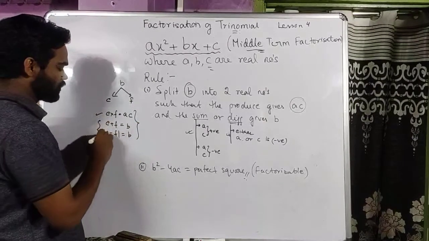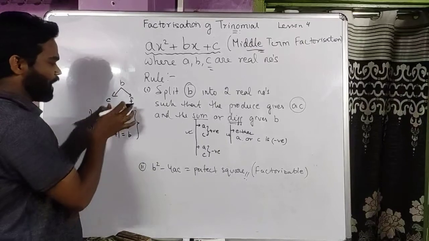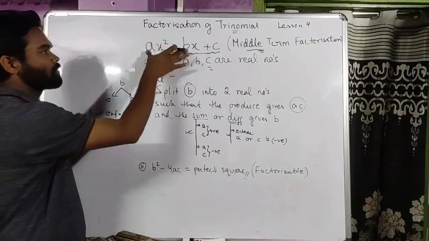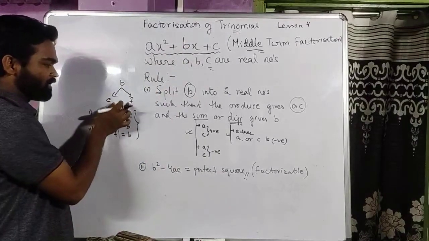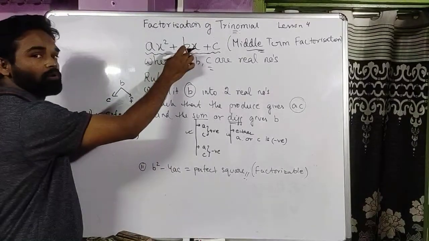These two things we need to remember: the product of these two has to be equal to the product of a and c, and the sum or the difference of these two numbers has to be equal to b.